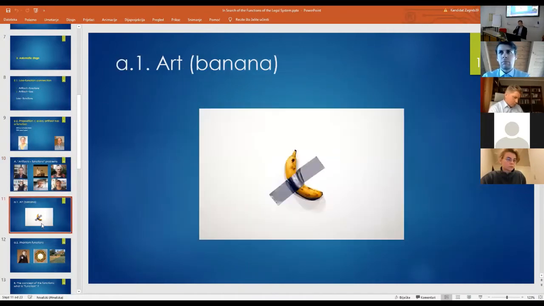Let's see the first point. A famous example is a banana in the museum.